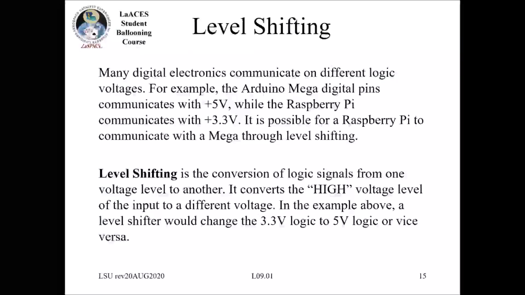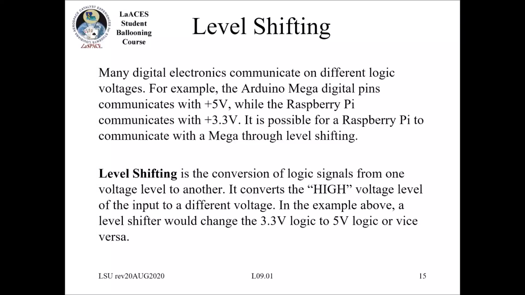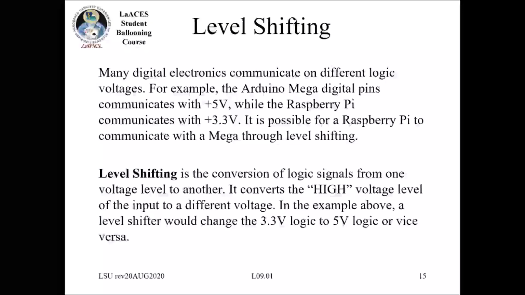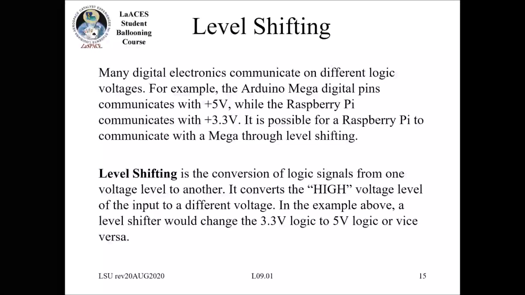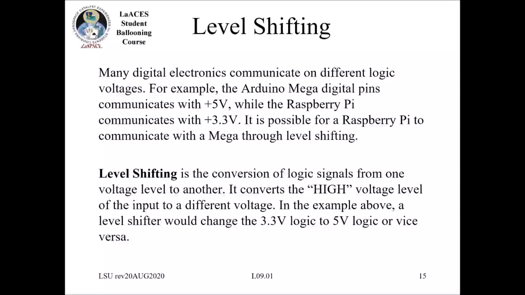Another one that is frequently needed, a kind of signal conditioning, is level shifting. Now, this is often done with digital sensors that output some kind of digital signal. Often you'll see that the digital signal will be 3.3 volts or 5 volts or 10 volts or in some kind of voltage logic.